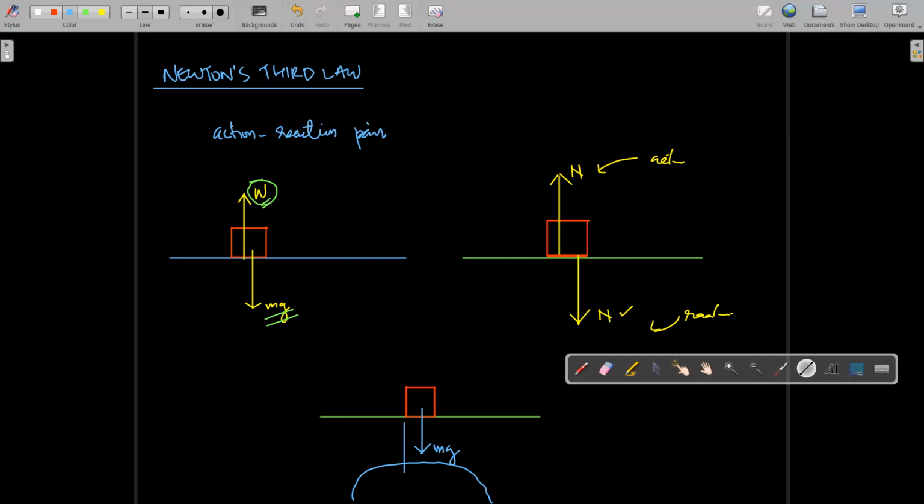That will be in the opposite direction, and it will also have the same value mg. So if we take this one to be action, this one is the reaction. If you look at the three conditions, we can see that the three conditions are obeyed here, right? So that is it about Newton's third law.